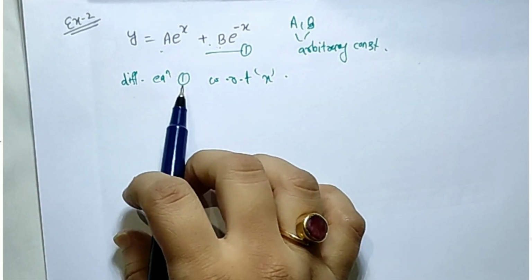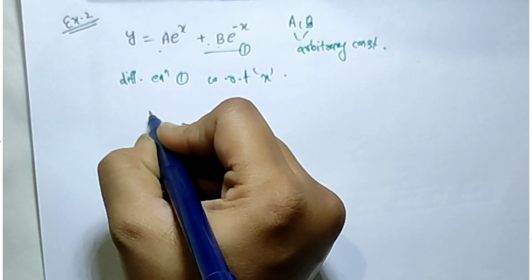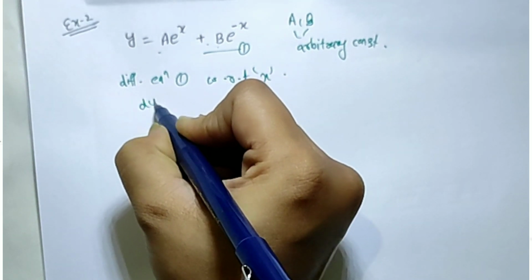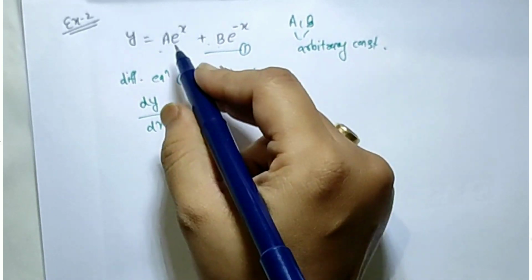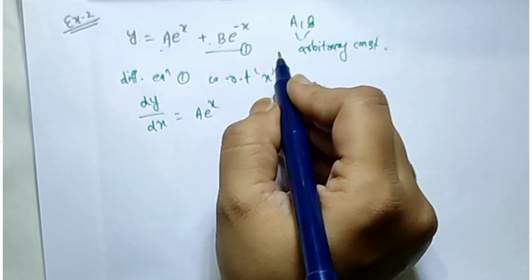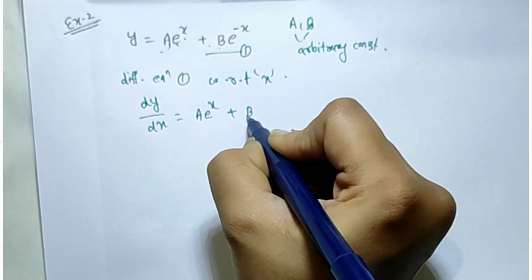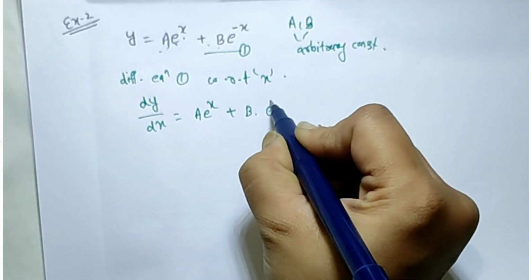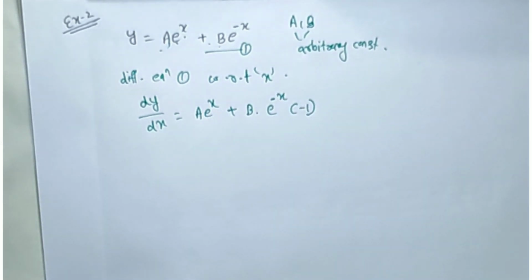Now differentiating equation 1 with respect to x, we have dy by dx is equal to a e power x, the constant a is unaffected, e power x differentiation is e power x, plus b into e power minus x, differentiation is e power minus x, and again minus x differentiation is minus 1.